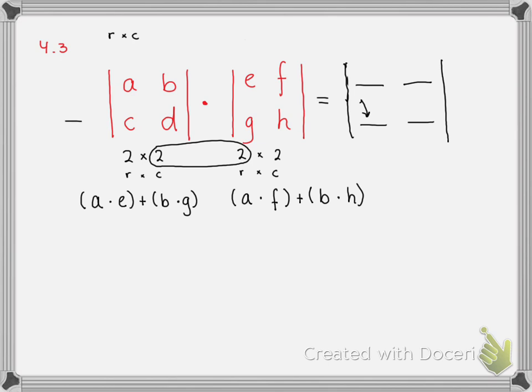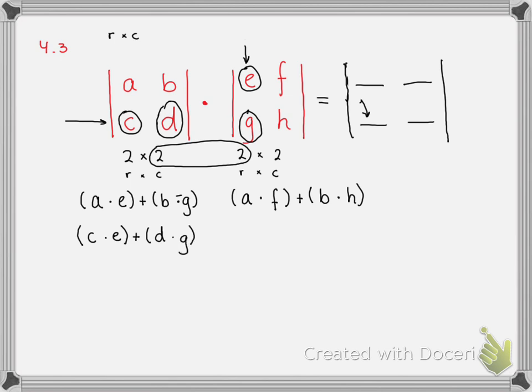The second row in the matrix on the left, and column 1 in the matrix on the right. If you have not yet figured out what's going on, the first entry in the row is multiplied by the first entry in the column, so C times E. And then to that, we will add the second entry in the row times the second entry in the column, so D times G.